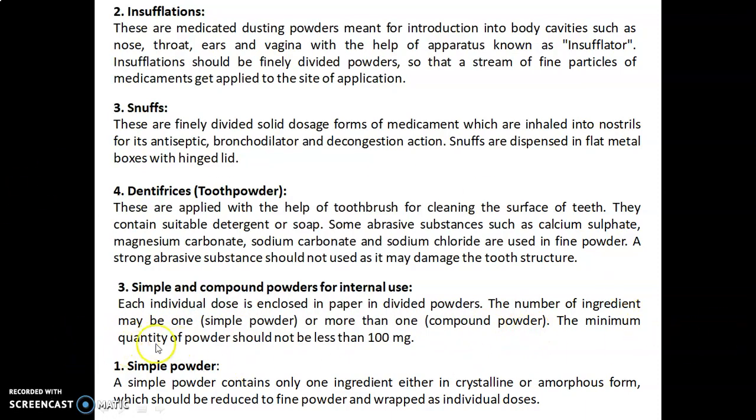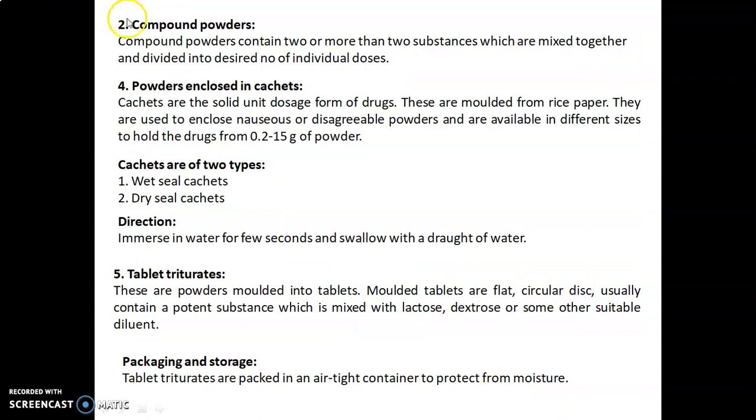The minimum quantity of powder should not be less than 100 milligram. Simple powder: a simple powder contains only one ingredient either in crystalline or amorphous form, which should be reduced to fine powder and wrapped as individual doses. Compound powders contain two or more substances which are mixed together and divided into the desired number of individual doses.